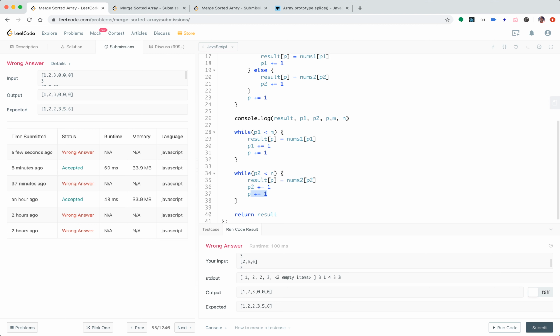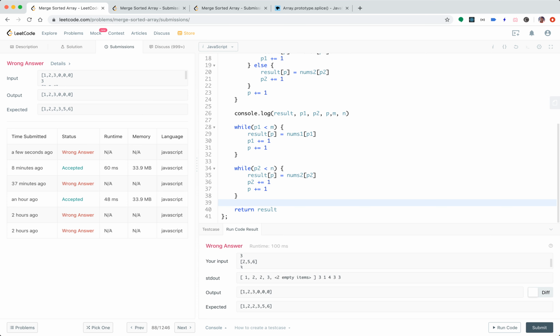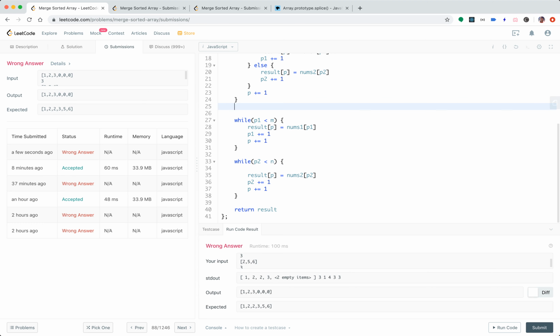P2 is 1. So 4 should be 1. I'm not sure what is going on.